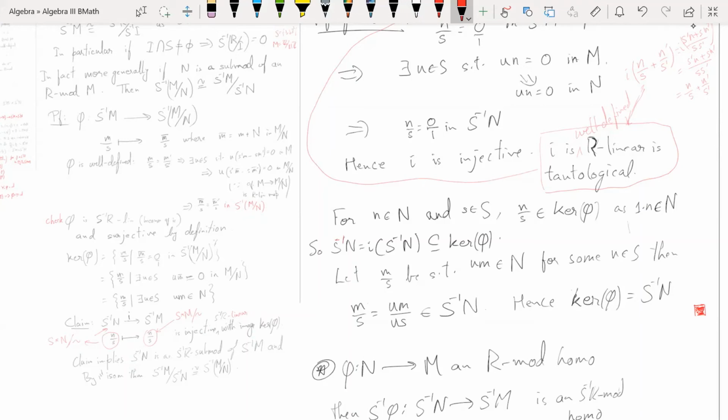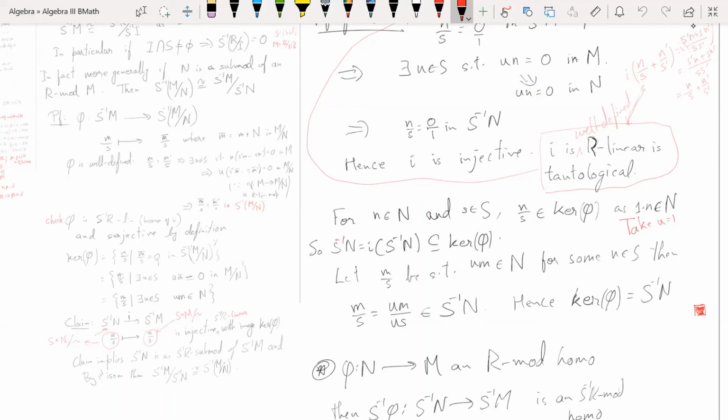So take u to be 1 here, to conclude that n over s is in the kernel of phi. So that means that S inverse N, which we identify as the image of S inverse N under I, is contained in the kernel of phi.